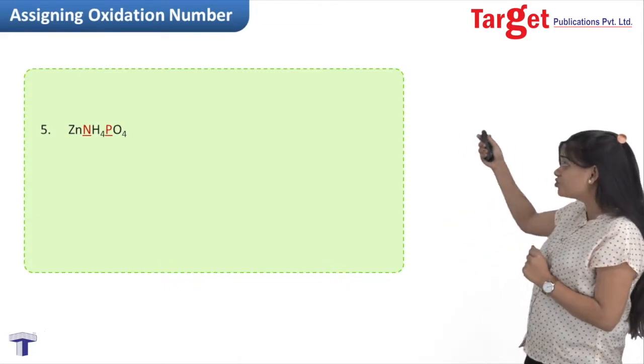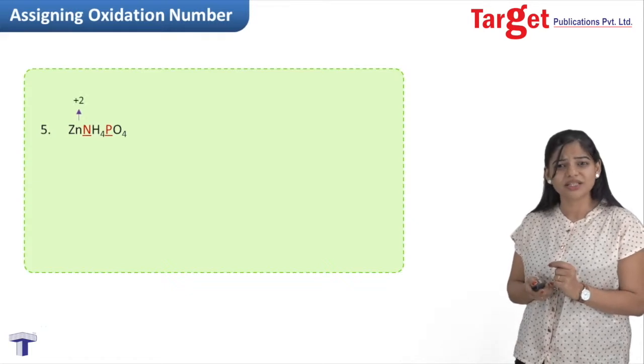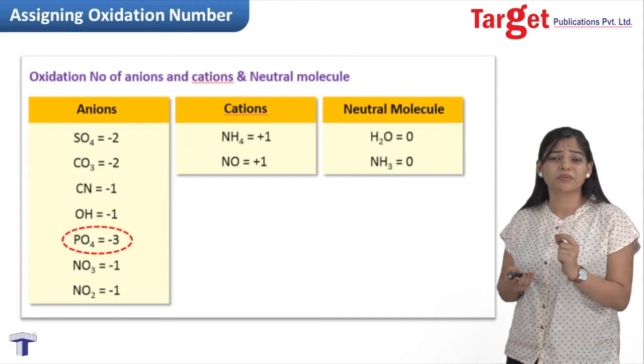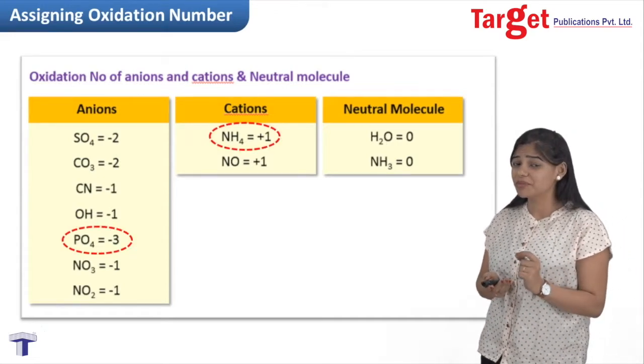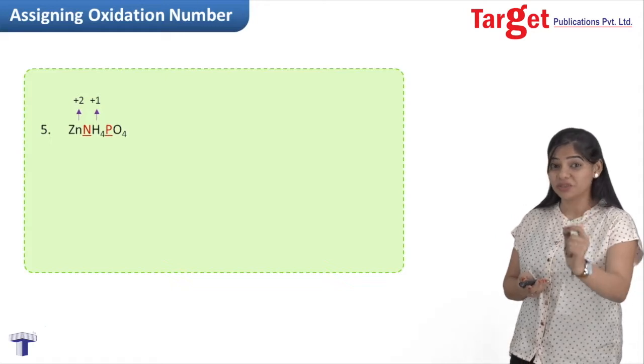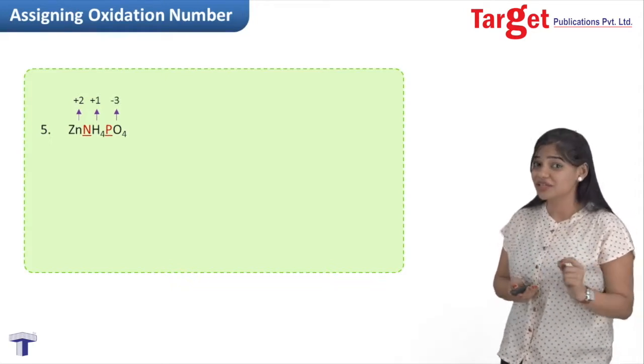Can you see your NH4? Isn't it a cationic complex which we have studied, right? And phosphate also. So NH4 is nothing but +1 and phosphate is nothing but -3. So we can apply the same thing here, putting NH4 as +1 and phosphate as a whole as -3.